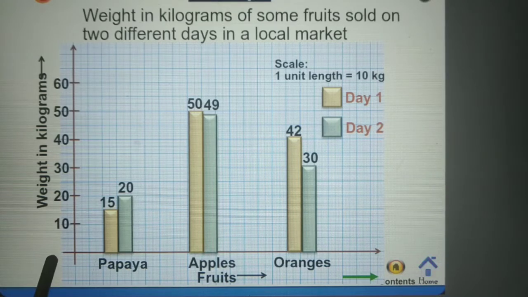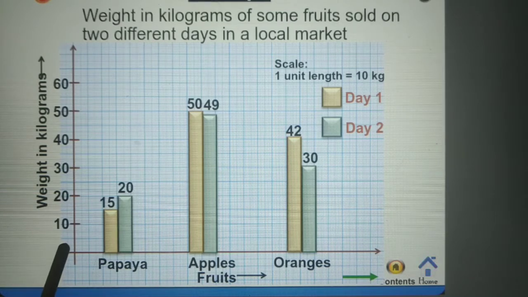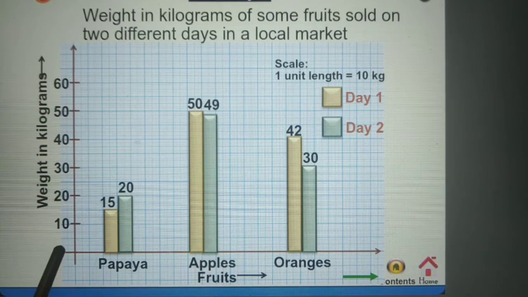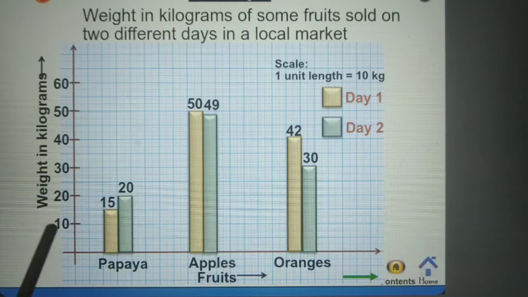After covering one block, one dark line, when we come here using 3 light lines, we get 1 unit. 1 unit is a square in which length and breadth are equal, or the complete paper is distributed into small units. So 1 unit is equal to 10 kg here.